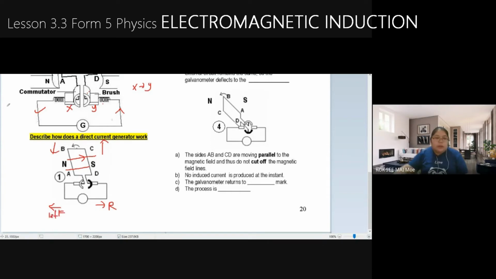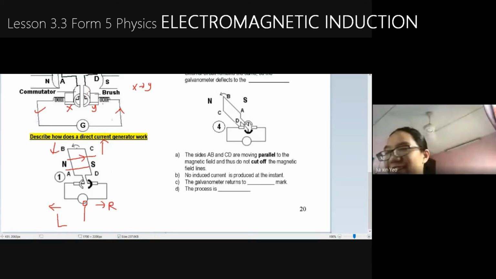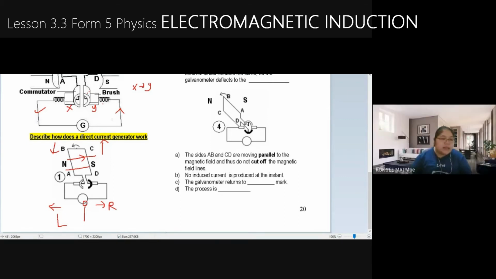Tell me how the galvanometer rotates. Never rotates is the center, zero. Left or right? Right. Okay, any more? Internal, you tell me internal now. Internal coil, how does the current move? ABCD or DCBA?